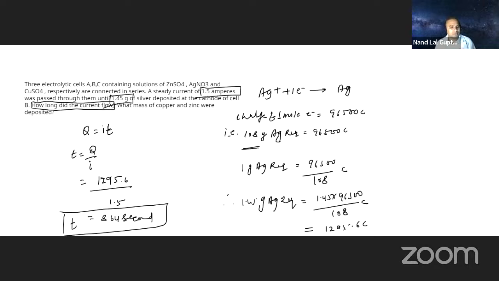What is the rate of reaction? It is the change in concentration of reactant or product per unit time, that is C2 minus C1 by T2 minus T1. What is the unit of rate of reaction?